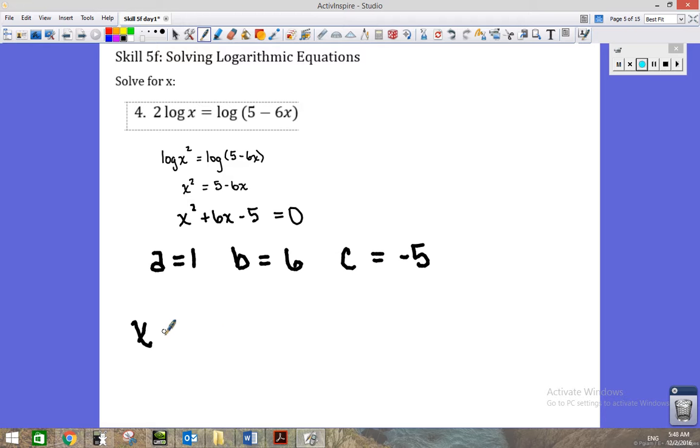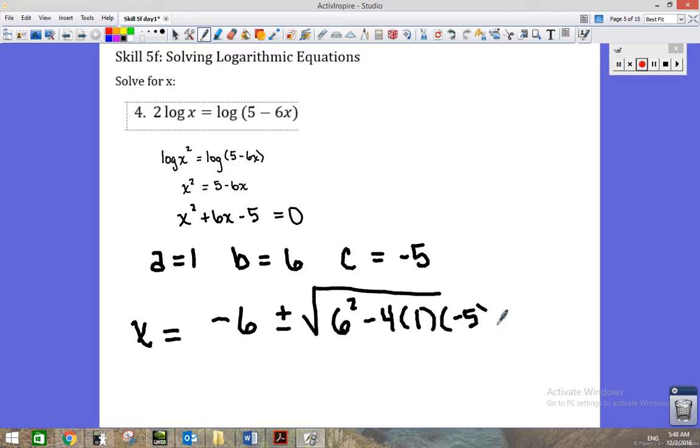So let's take the opposite of b, plus or minus the square root of the discriminant, which is b squared minus 4 times a times c. And all this is being divided by 2a. And since a is 1, it's just being divided by 2.